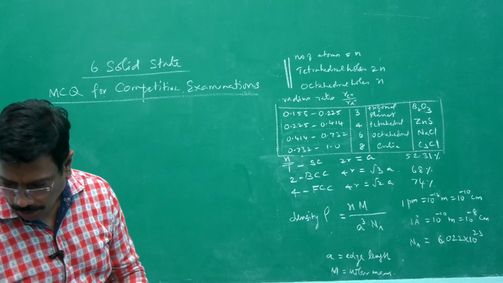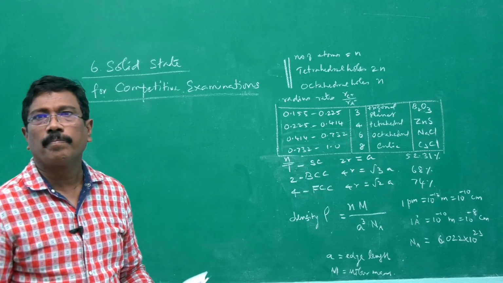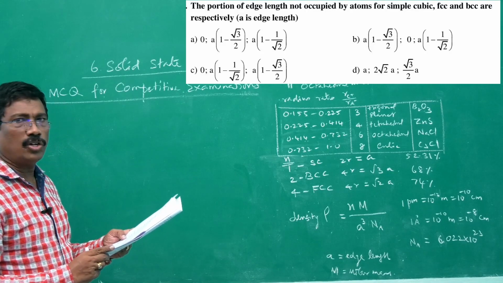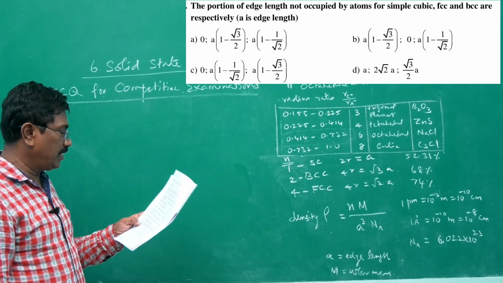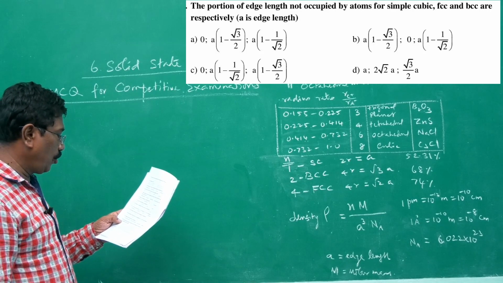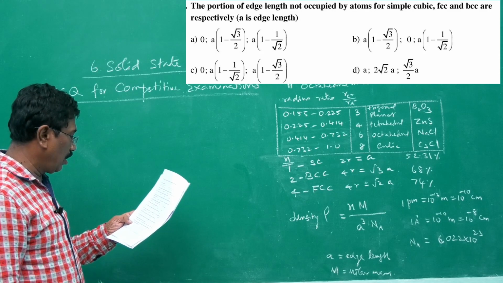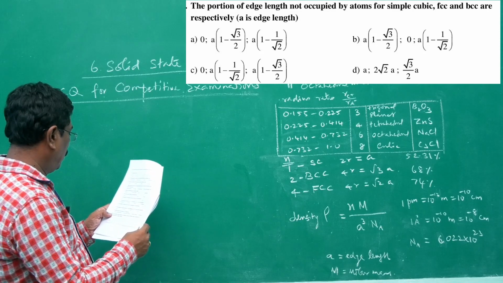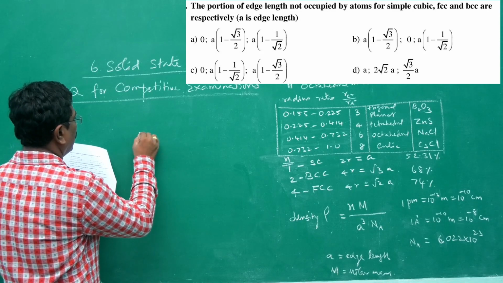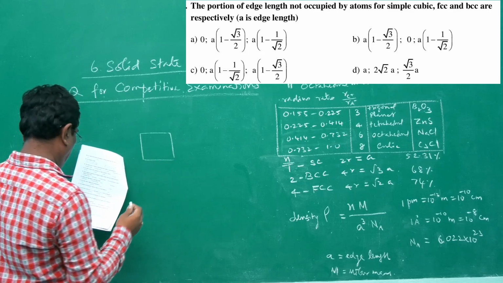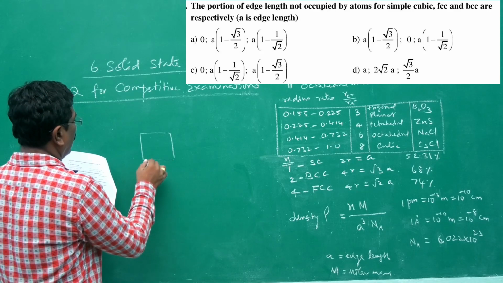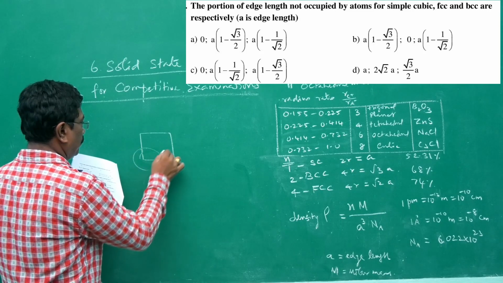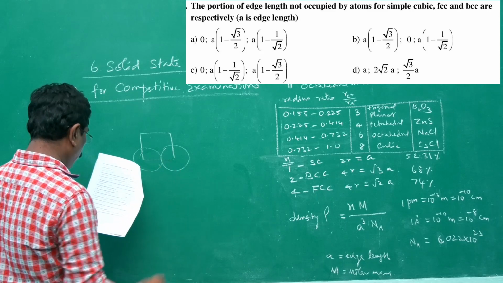Now, let me go into the first question. The portion of edge length not occupied by atoms for simple cubic, face-centered cubic and body-centered cubic are respectively. So, you are given a few options. For simple cubic, the atoms are touching each other and therefore there is no space between.